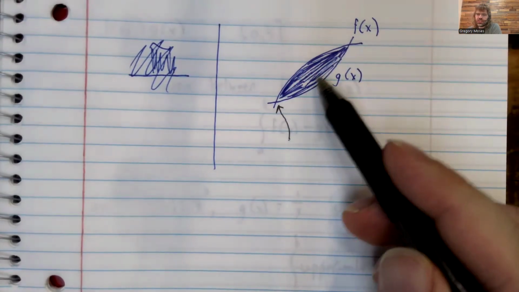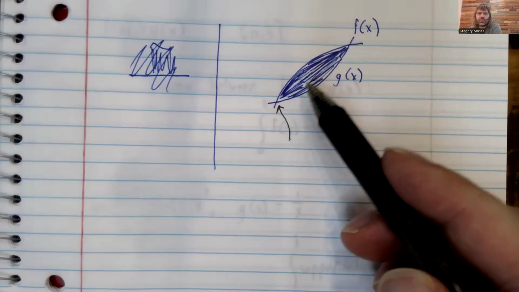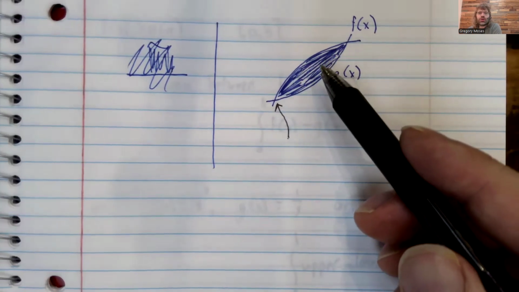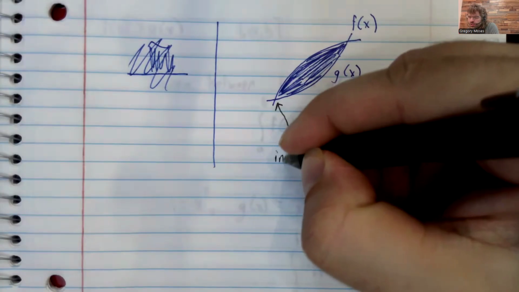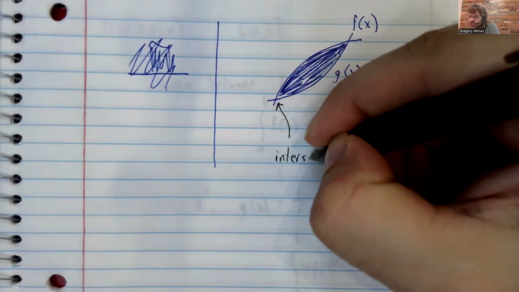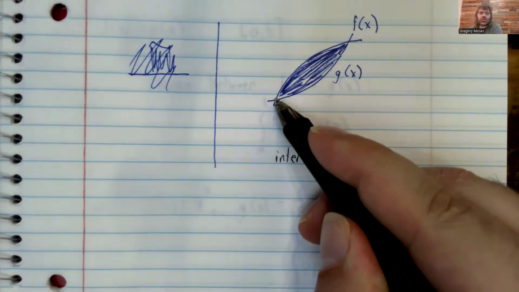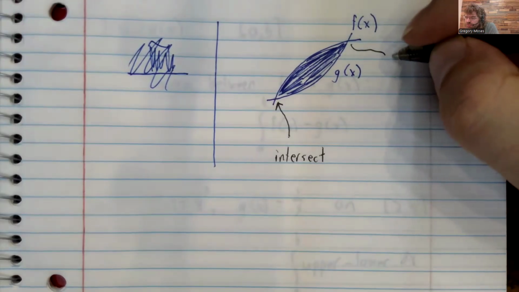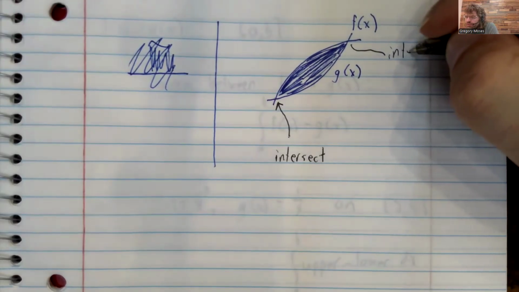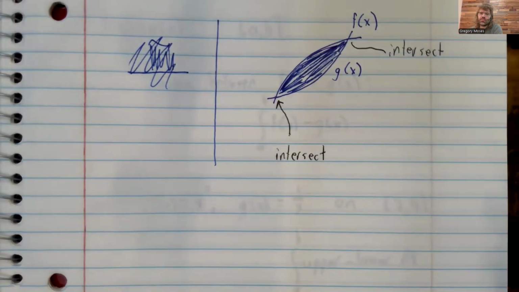And this is something you see a lot in application where two curves genuinely enclose a region. And you see that this region begins where f and g intersect, and it ends where f and g intersect.